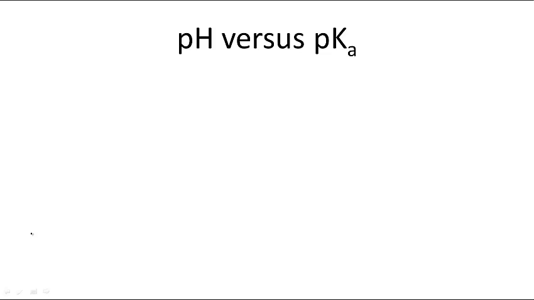Sometimes people will say the phrase, "Oh, what is the pH of that acid?" And the answer is an acid itself, like HF or HNO3, doesn't have a pH. So remember, pKa equals the negative log of Ka, and pH equals the negative log of the concentration of H plus.